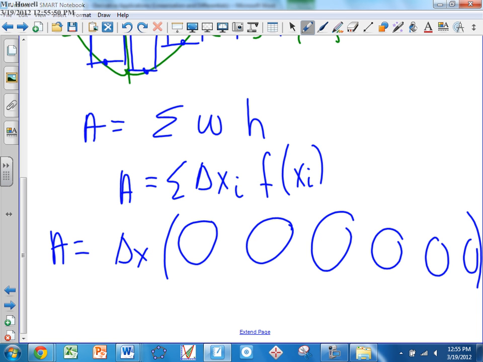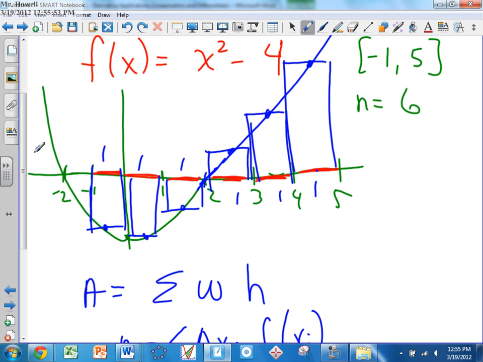How do I find the height of my rectangles, though? How do I find the height of this first rectangle, Kenny? You plug it into your function. Plug what in? What is it? Value of x. Where's the value of x? 1. We already know it's 1. Yeah, the value of x is 1 for this one? I'm sorry, from where it is on the x-axis. Since we know it's from -1 to 0. So what's the height? What location are we looking at?